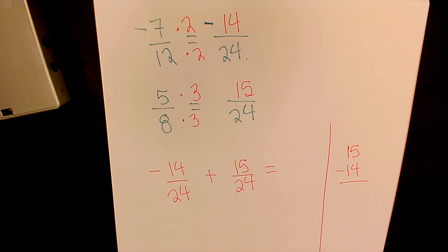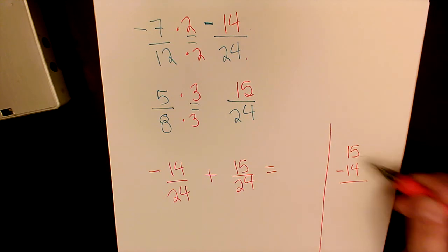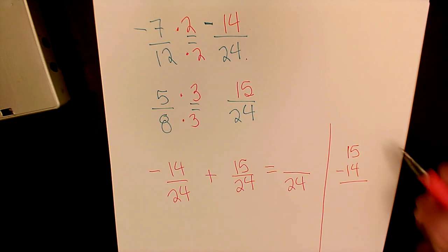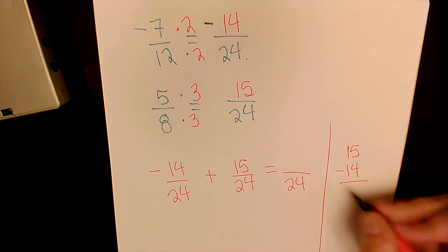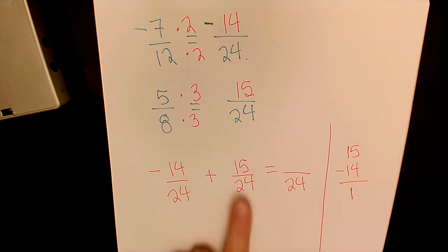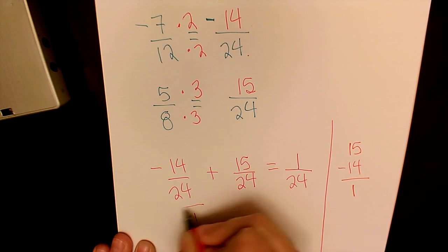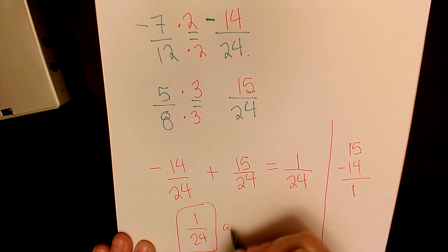If there's more positives, it's positive. So I'm going to bring the 24 over. 15 minus 14 is 1. And there's more positives. So my final answer is 1 over 24.